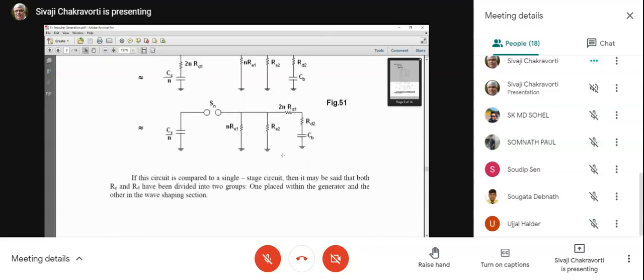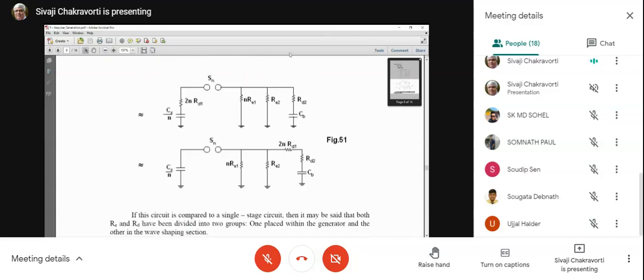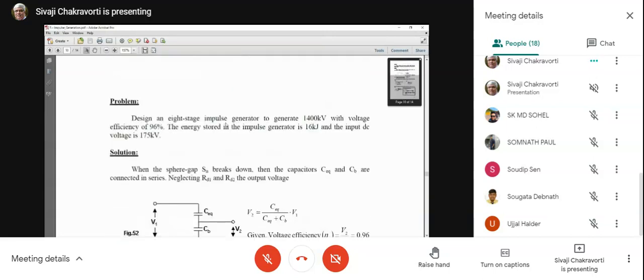So now, for simplification, we can put 2NRD1 in series with RD2 because RE values are much higher compared to RD. This is the operational part.